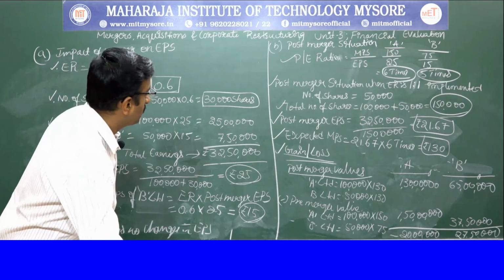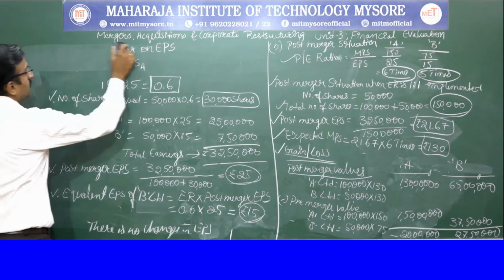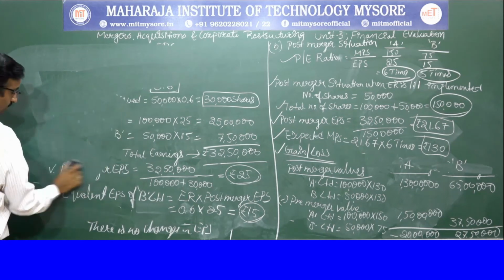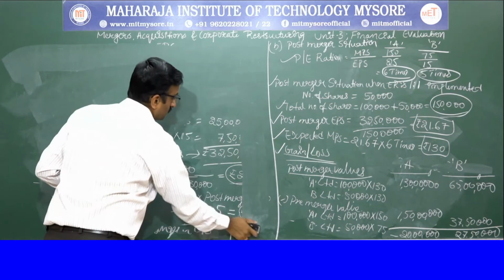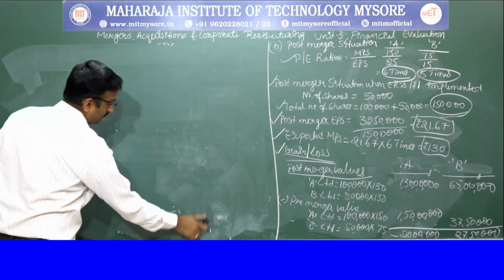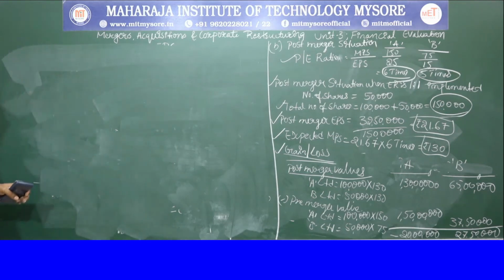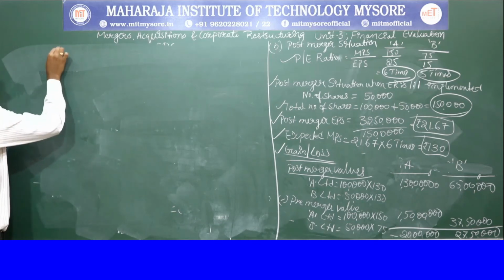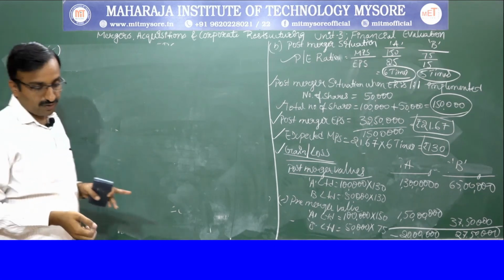Next, moving on to the third question, I will just rub the board quickly. We will calculate the third question, that is C. We need to find out the maximum ER.